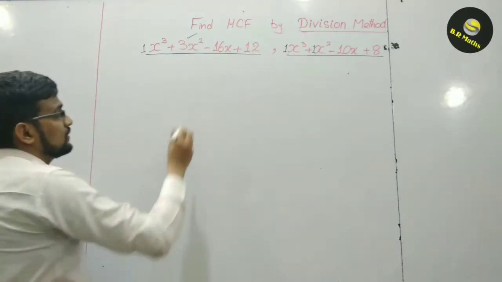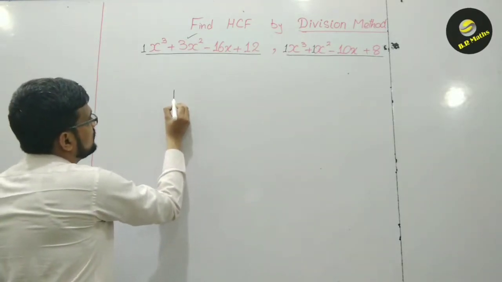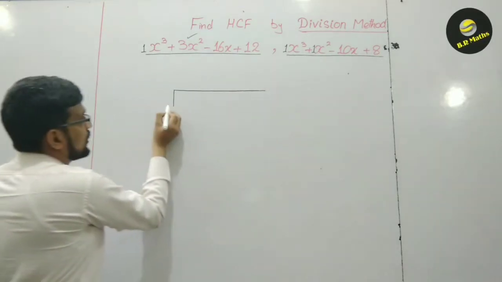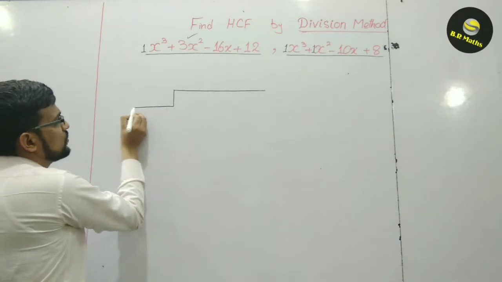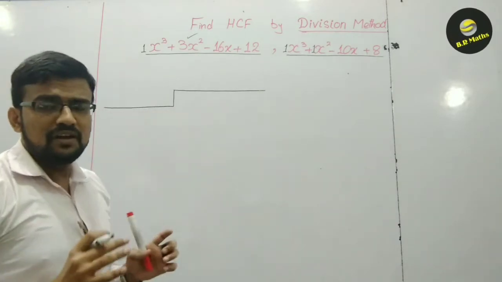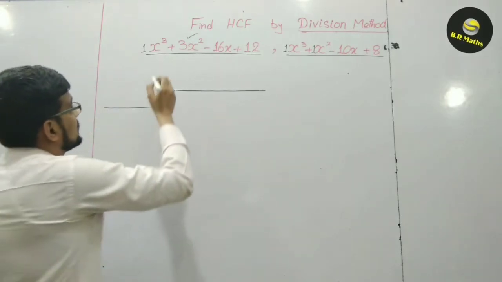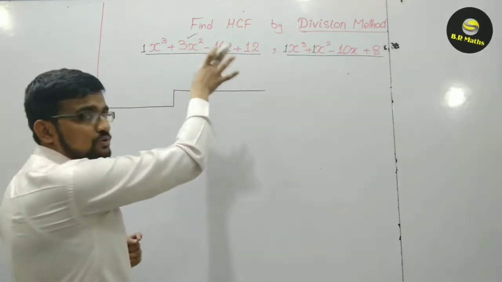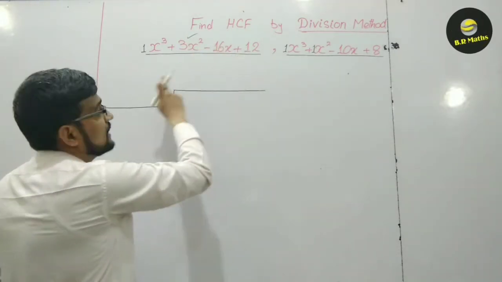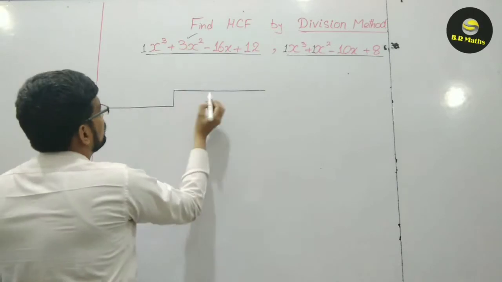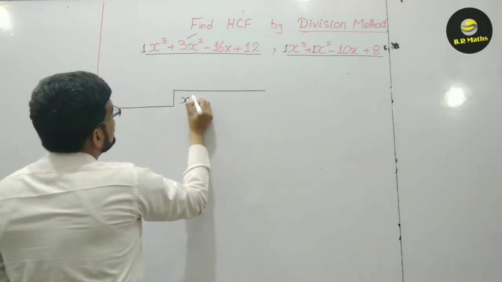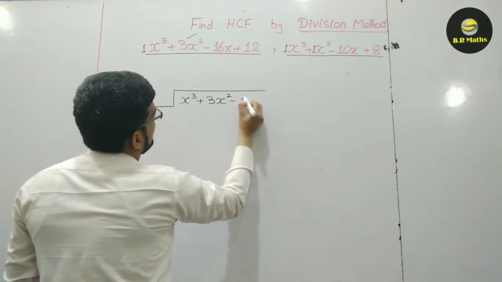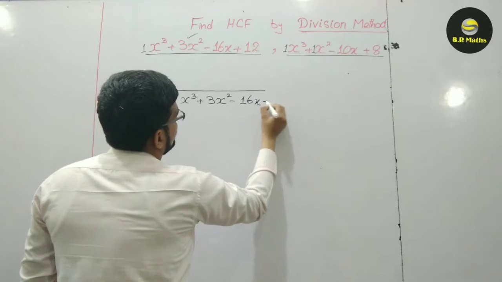Okay. So make a box for the long division method. Students, carefully, this is a very important topic, find HCF, and this is a little bit difficult as compared to factorization. So the larger one is this one, and it works as the dividend: x cube plus 3x square minus 16x plus 12.